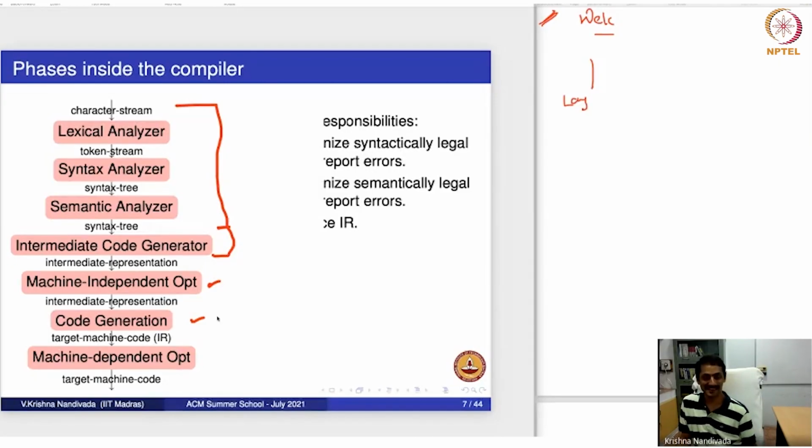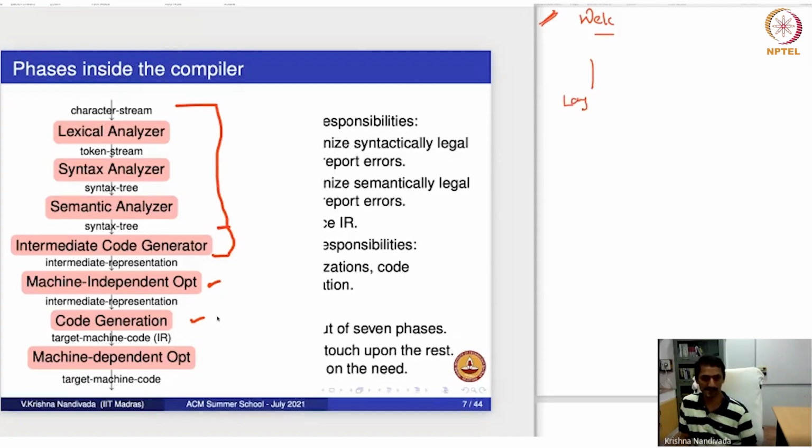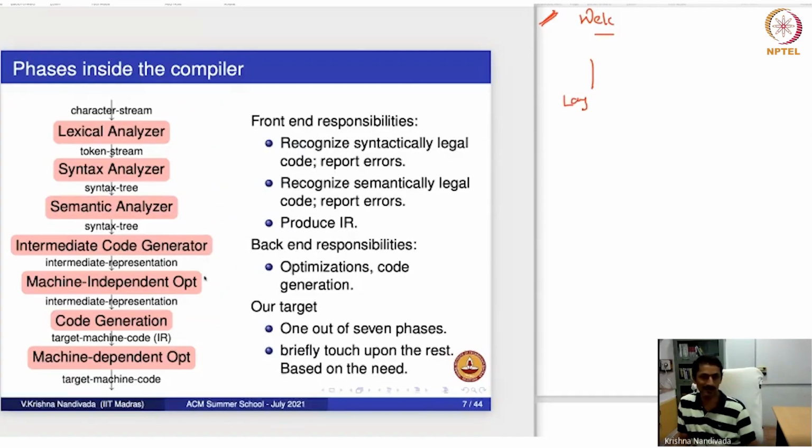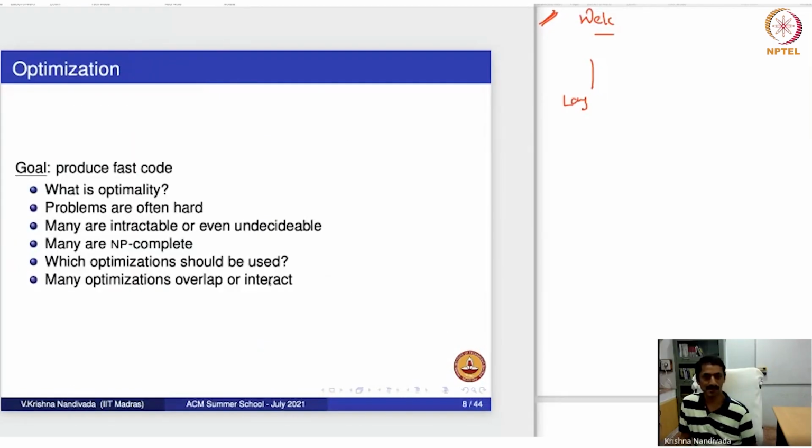It recognizes legally correct code, reports errors, produces IR. Backend does the optimization. Our target is 1 out of the 7, mainly this part. In the other lectures, you will cover other things. Okay. We may touch upon the other things as needed. Again, our goal is high-level optimization.